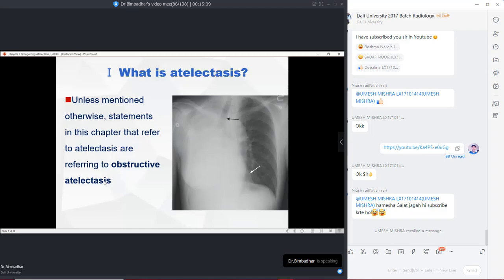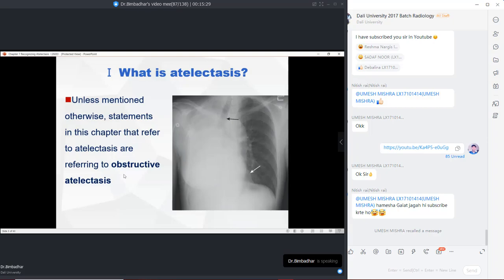So it's almost the same here also. Whenever we are looking at some kind of a picture, if it is not mentioned, we are talking about only obstructive atelectasis, which is related to mucus plugs or mucoid impaction.